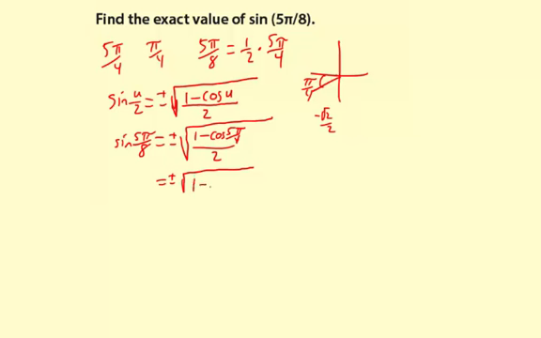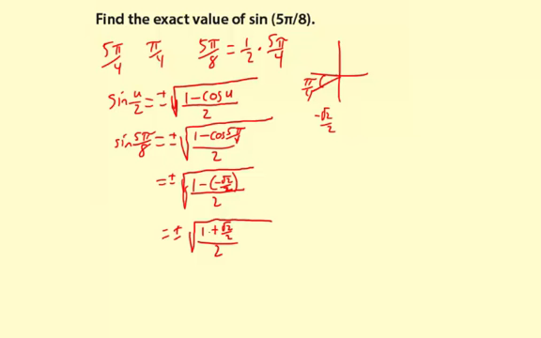So 1 minus the negative square root of 2 over 2, and that's all over 2 inside the square root sign. Okay, so this simplifies to 1 plus square root of 2 over 2, all over 2 inside the square root sign.